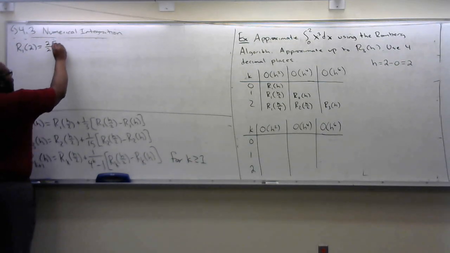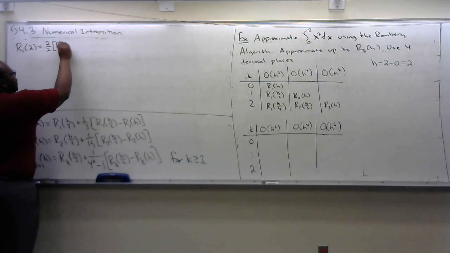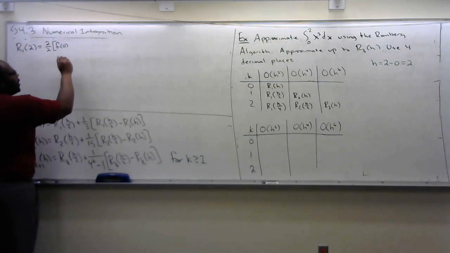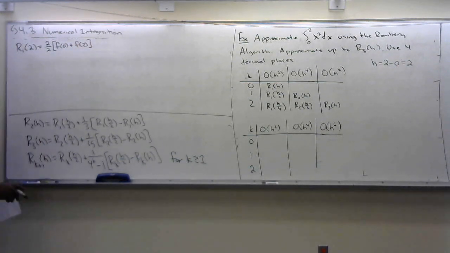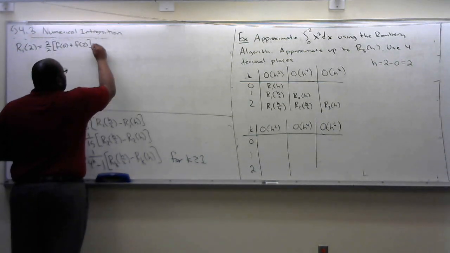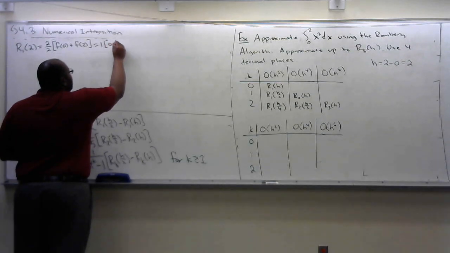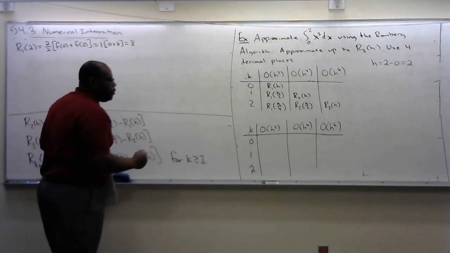So we get f of 0 plus f of 2. So I get 1 times 0 plus 8, so I get 8. So that goes right here.